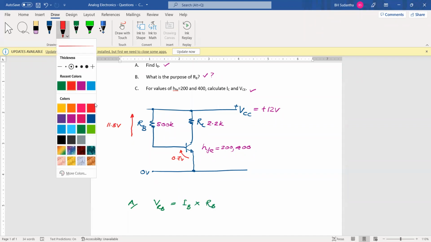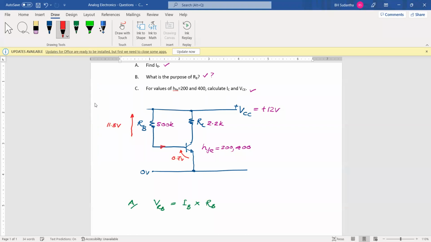Okay, because this is the base current, and as a result, here we have collector current. Then this is the VCE voltage we want to find. VCE.